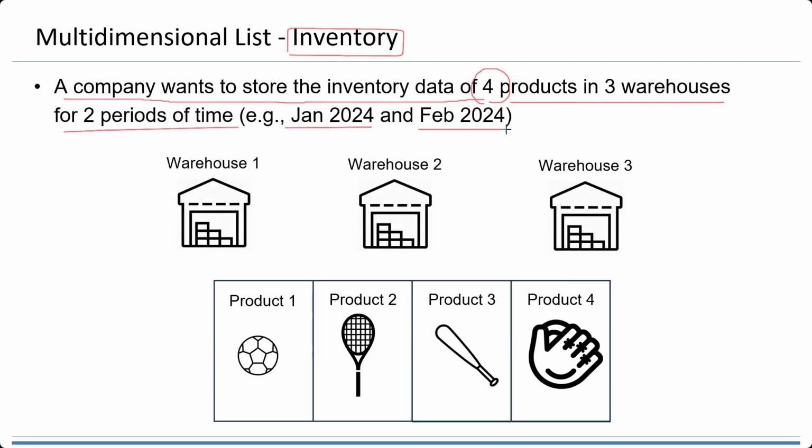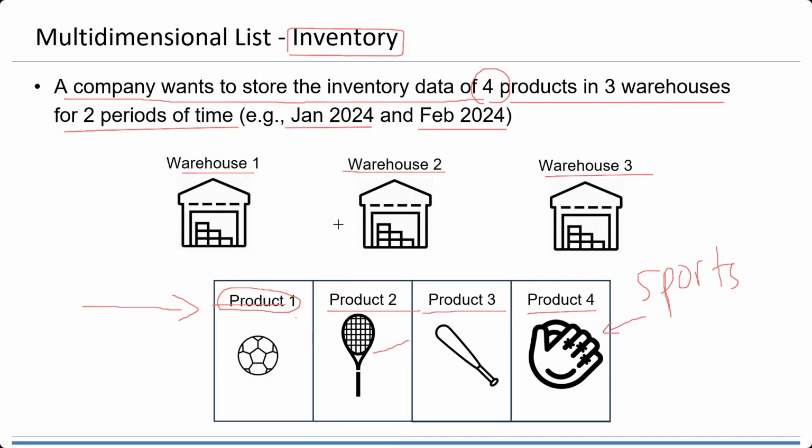Let's say there are 4 products. Maybe this is the warehouse about sports. So product 1 is ball, product 2 is the racket, product 3 is the baseball stick, and product 4 is the gloves. And this company has 3 warehouses.